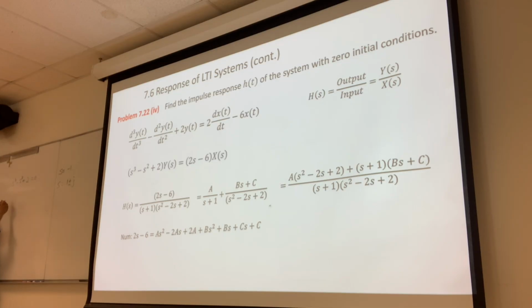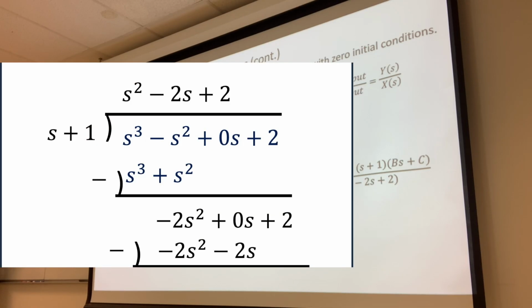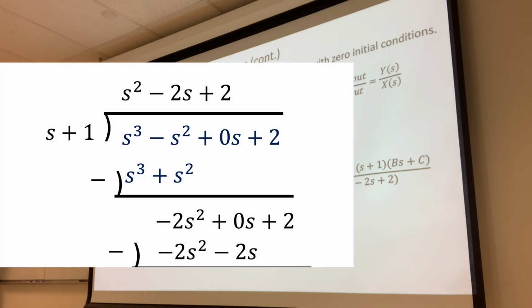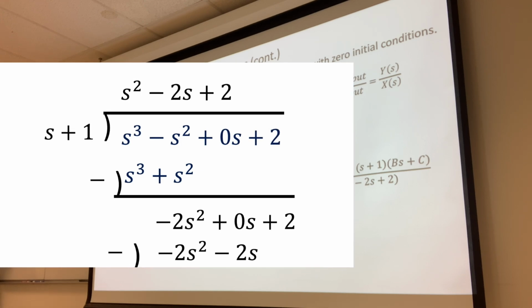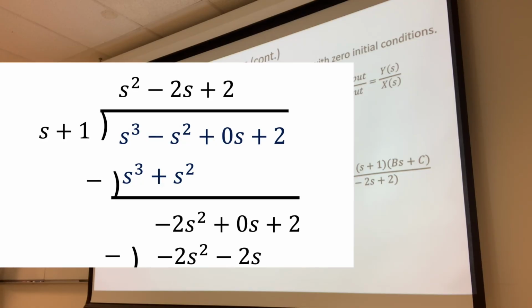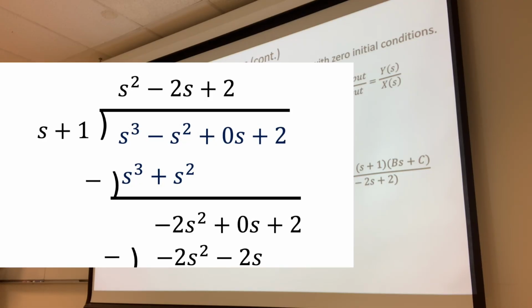Now what we need to do, you have s cubed minus s squared plus 2, divided by s plus 1. So to fit it in here, we have s squared, then s cubed plus s squared, and subtract, we have 0, -2s squared plus 2.